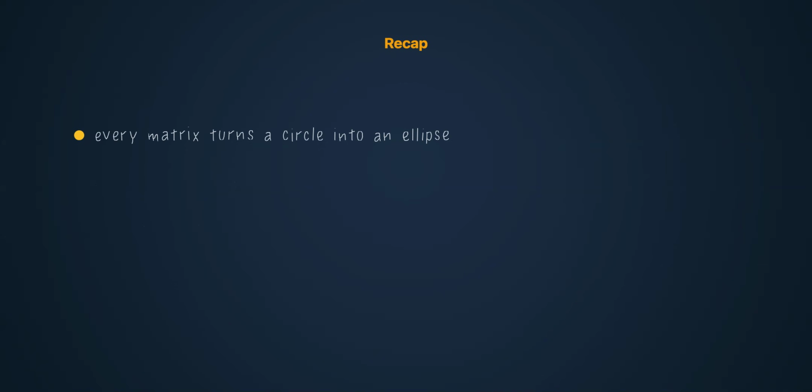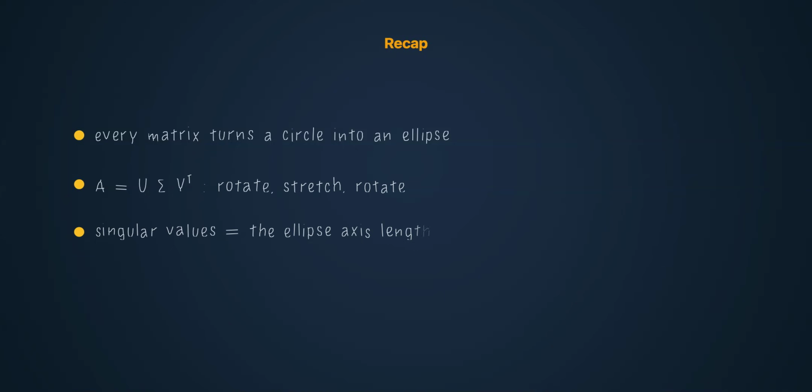Every matrix, of any shape, turns the unit circle into an ellipse, and it does it in three moves: A equals U S V transpose, a rotation, a stretch, and a rotation. The singular values in S are just the lengths of that ellipse's axes, how much the matrix stretches each way, and splitting U and V at the rank hands you all four fundamental subspaces.